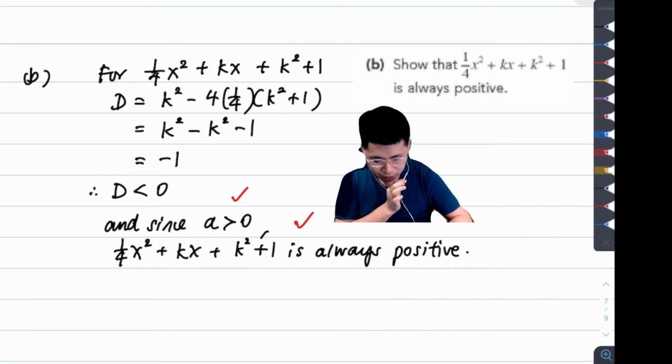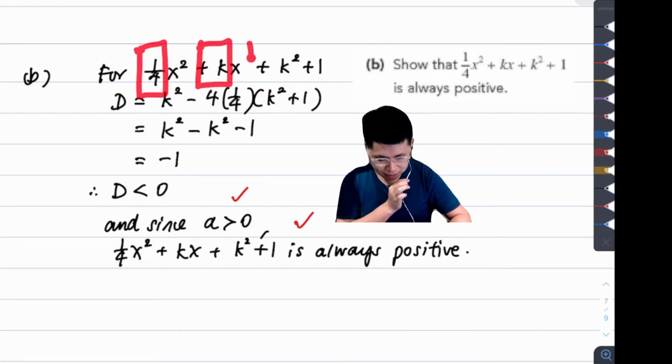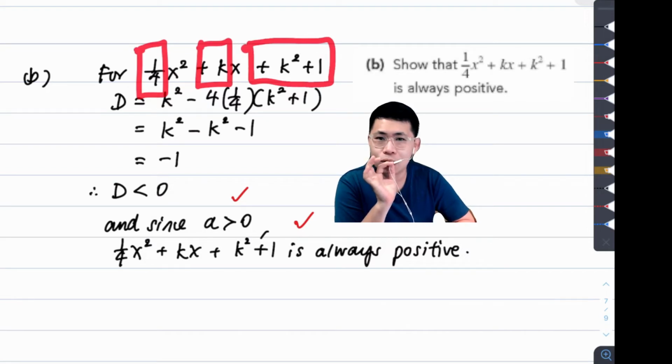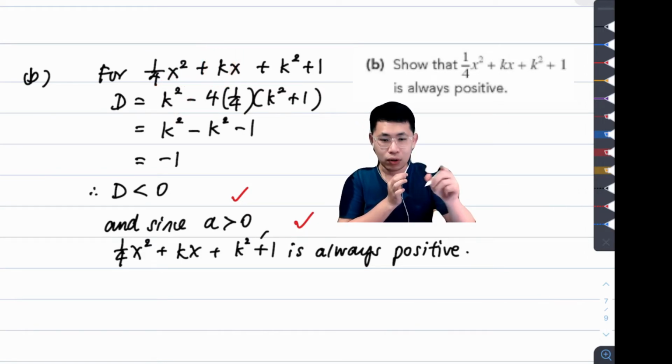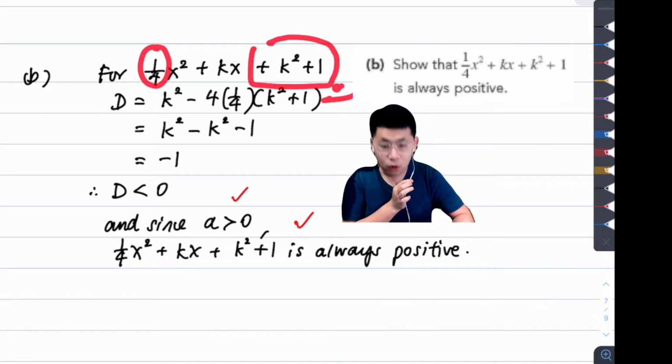For the discriminant, this is our A, 1/4. Our b will be plus k, our c will be plus k squared plus 1. So b squared minus 4ac, so k squared minus 4ac over here.